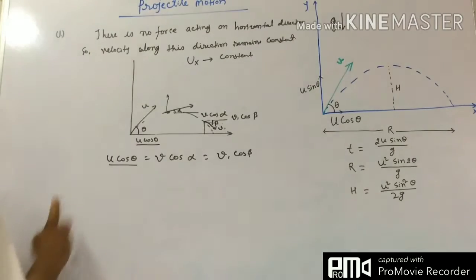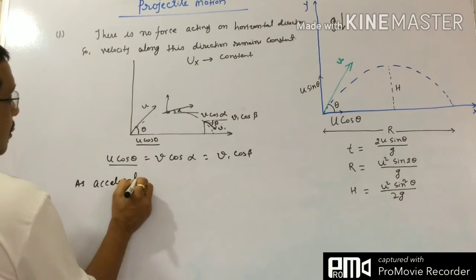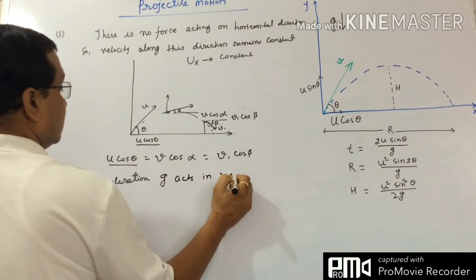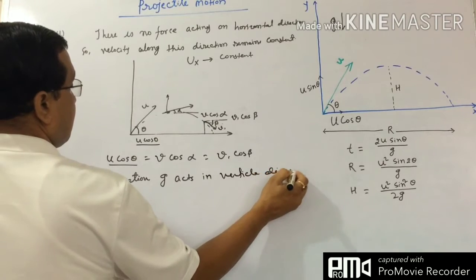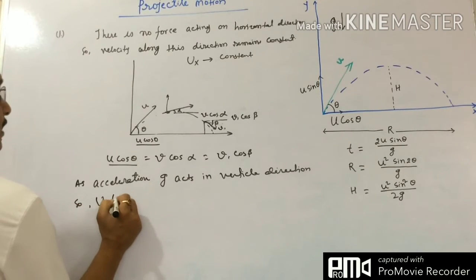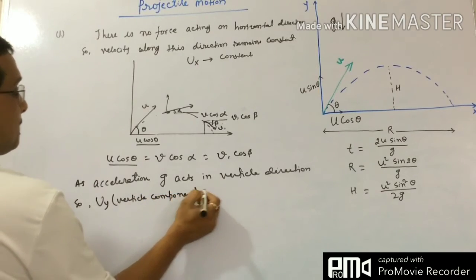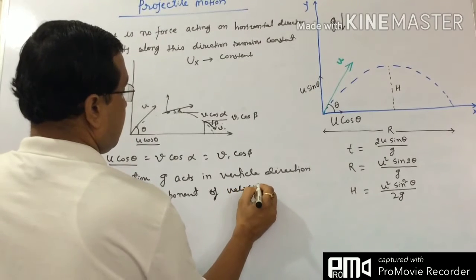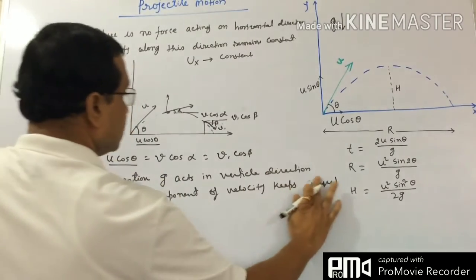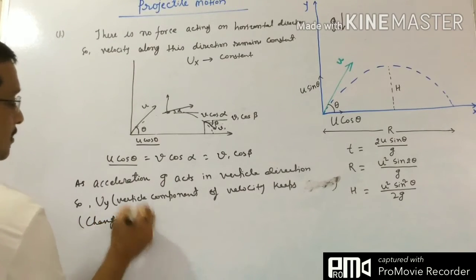And the second point we can write as: acceleration g acts in the vertical direction, so uy, the vertical component of velocity, keeps changing.